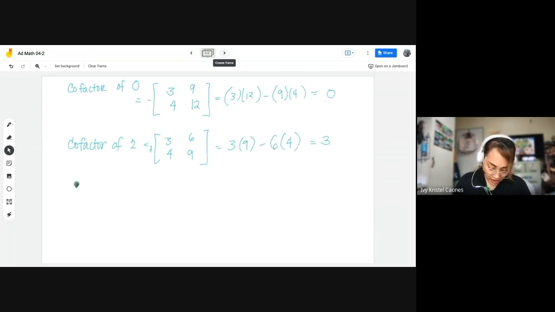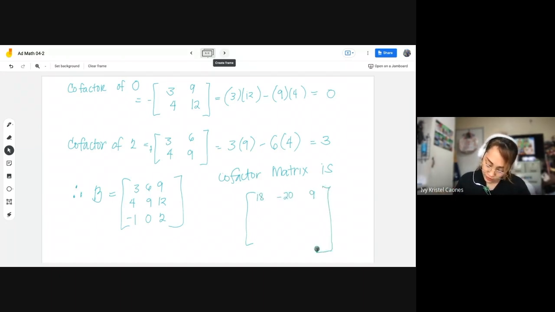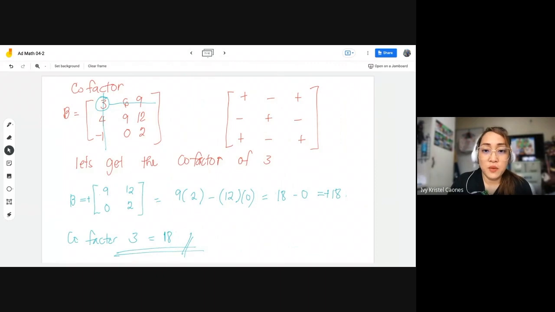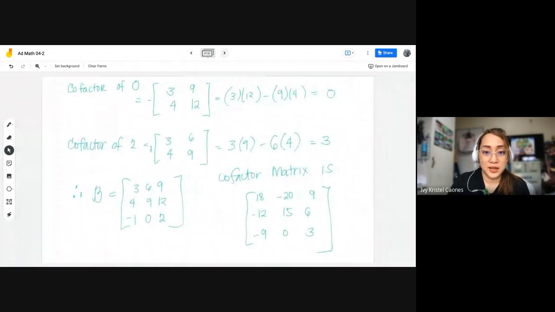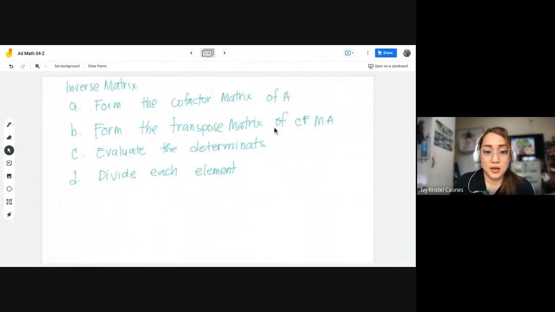Therefore, the cofactor matrix of B is 18, 12, negative 9, then negative 12, 15, and 6, and last will be negative 9, 0, 3.